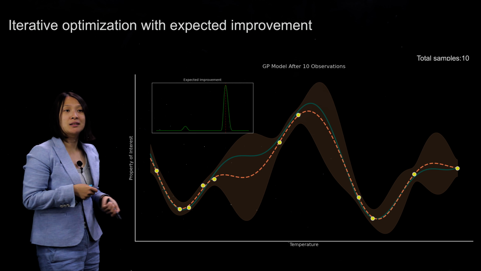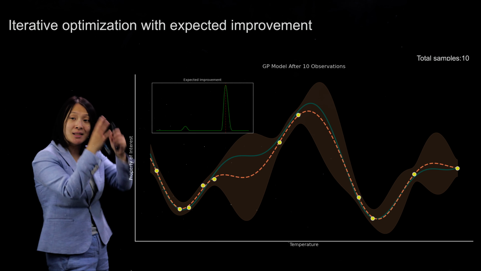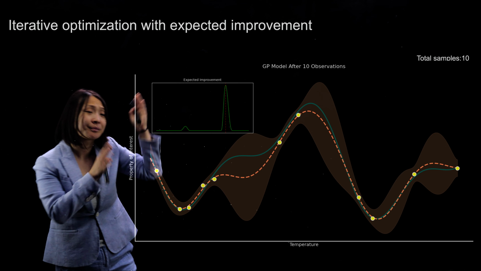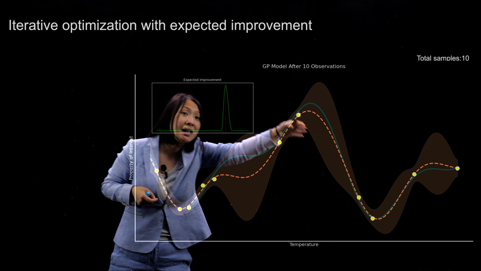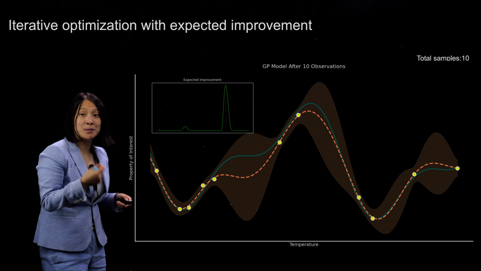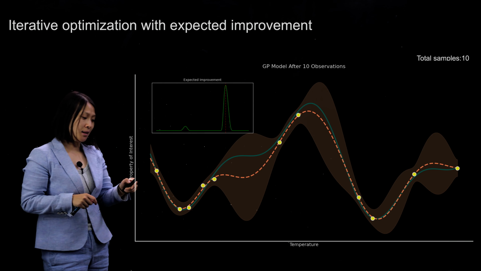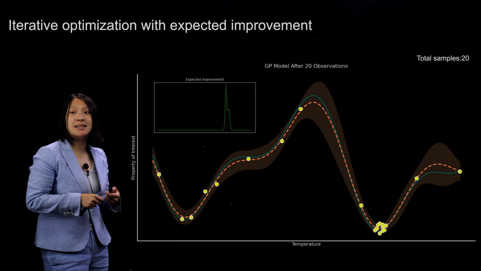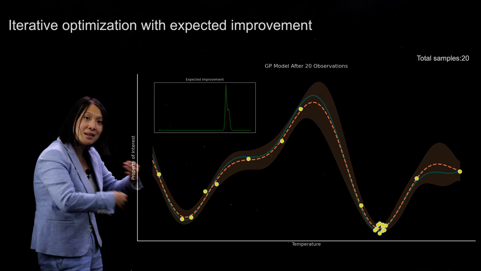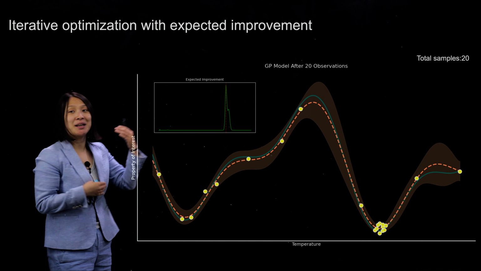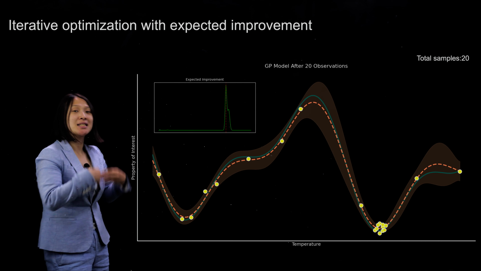We continue, using the expected improvement acquisition function, and this is what it would look like after we've done 10 observations, so 10 samples. We continue, and these are the results after a few rounds of sampling and making predictions, and sampling again.